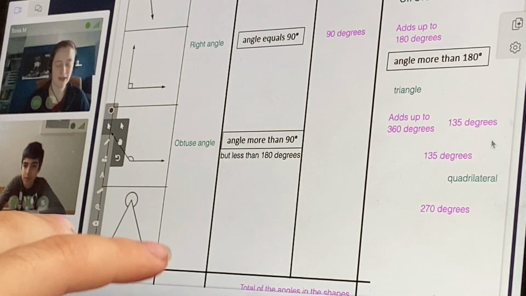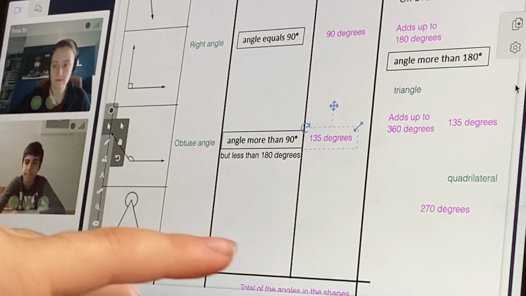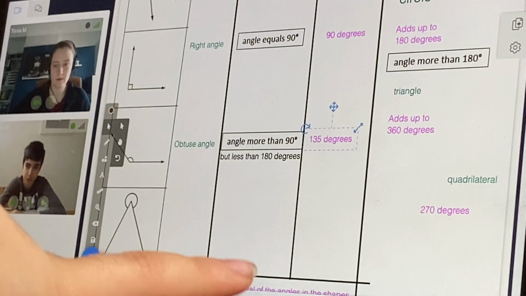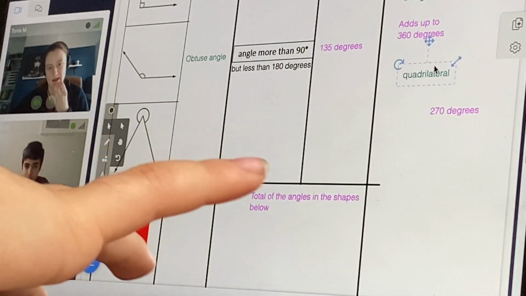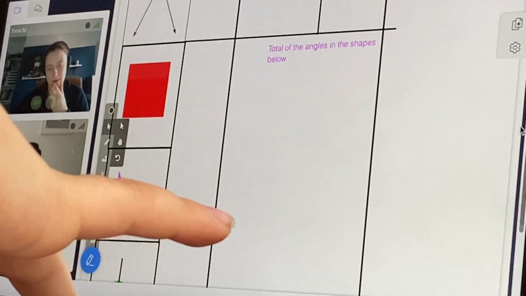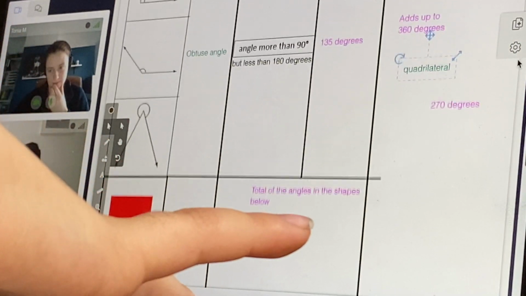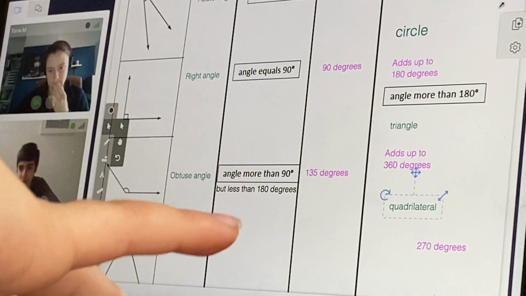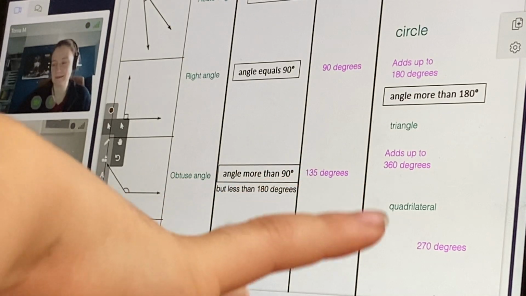Yeah, 135. Brilliant. And this one's a quadrilateral. Oh no. Wait, let me see. Scroll down. No, this one's a reflex angle. Yeah, brilliant. Really good.